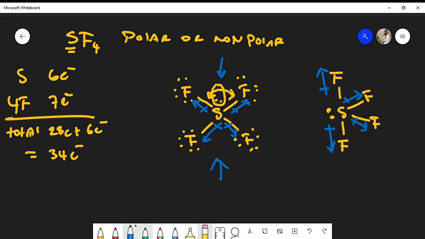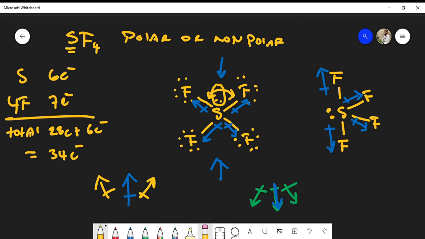Now, if you've seen the videos, you know that anytime you have, for example, dipoles going in slanted directions, then the net dipole moment would be down the middle, right? So this would be the net dipole moment, right? And it's the same thing if it's going upward, right? If I have a dipole moment going this way and a dipole moment going this way, then the net should be straight up the middle, right? And it's the exact same process here.